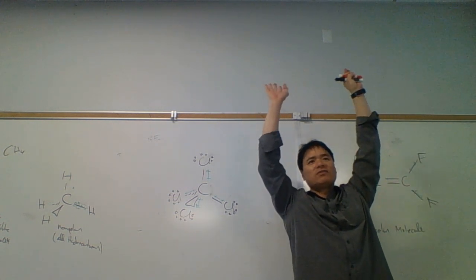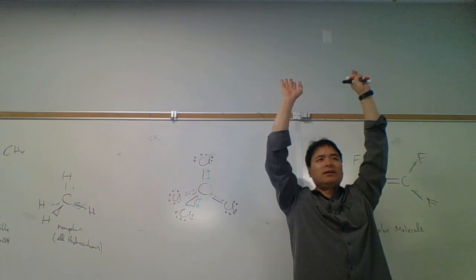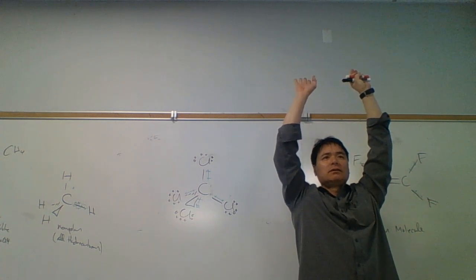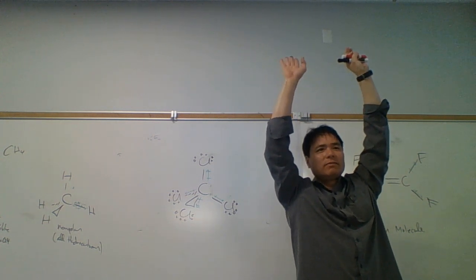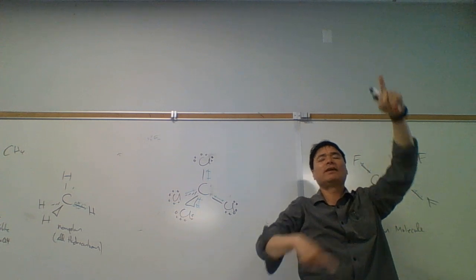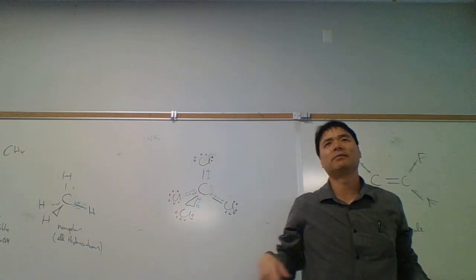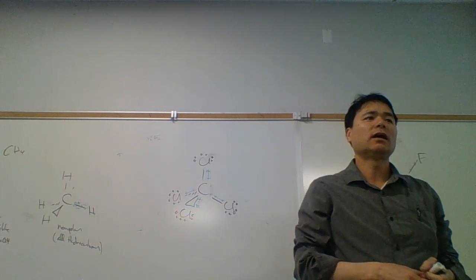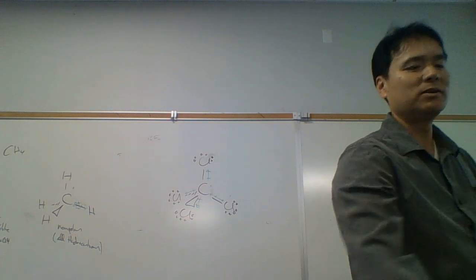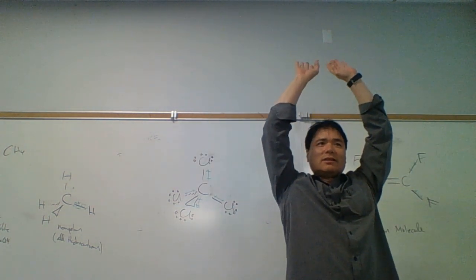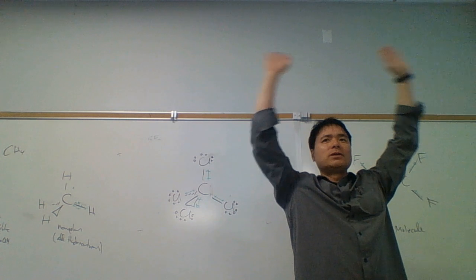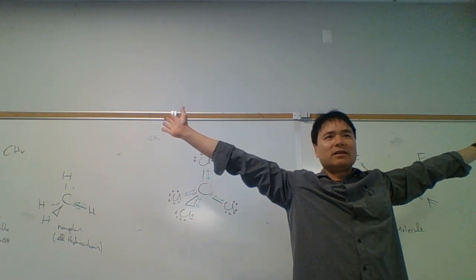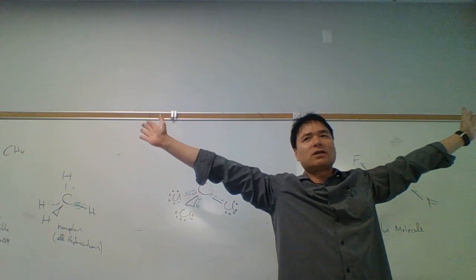Would you want to arrange yourself linearly, like put your feet down here and your arms straight up there in a ball? Have you seen those rolling balls that people go inside? If you were stuck in one of those, would you arrange yourself linearly like this? Or would you maybe do trigonal planar like this? Or would you do tetrahedral?